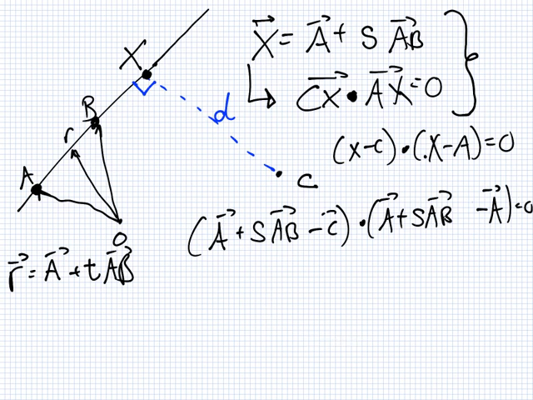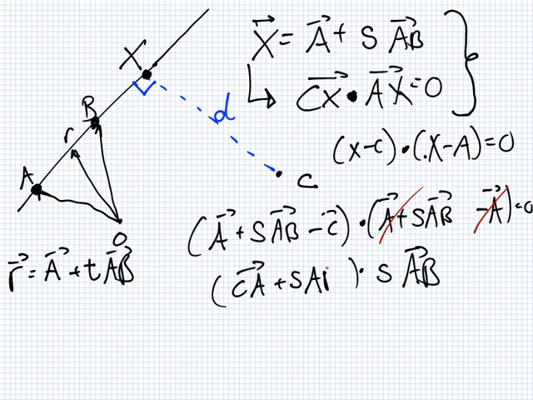Okay, that's even better. Because what am I left with here? Just SAB. And here, I could put A and C together. What's A minus C? Very good, CA. Plus SAB equals 0. Maybe I'll dot them now, since it's a bit shorter.